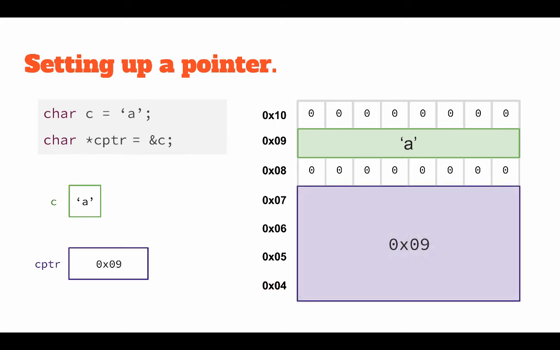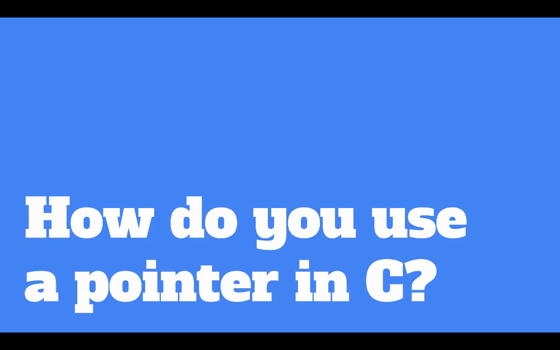Now we put that address into our C pointer variable. And now we can say that C pointer points to C. All right, that's our basic setup. It'll get more complex as we go, but that's all I want you to worry about for now.